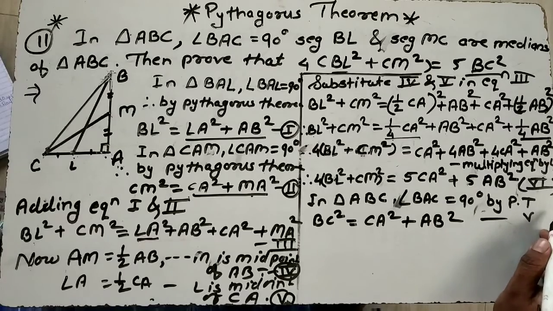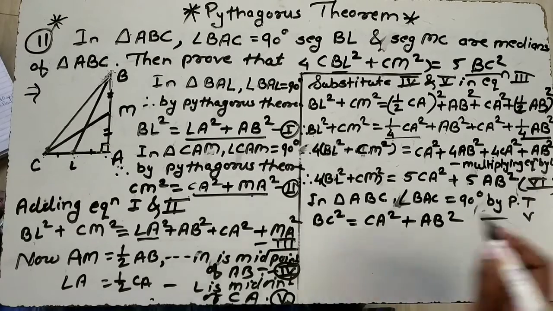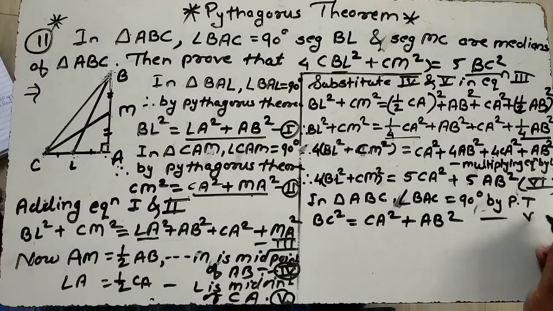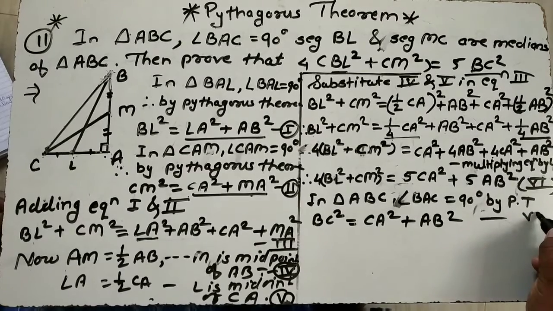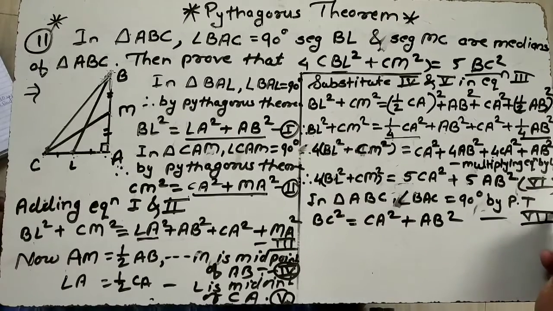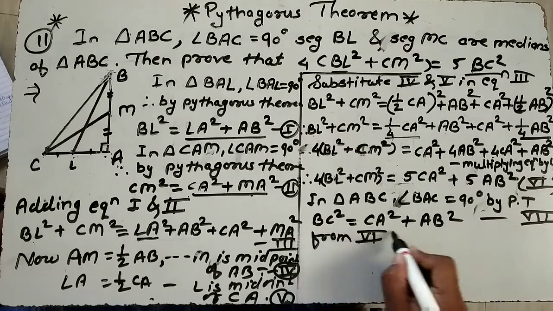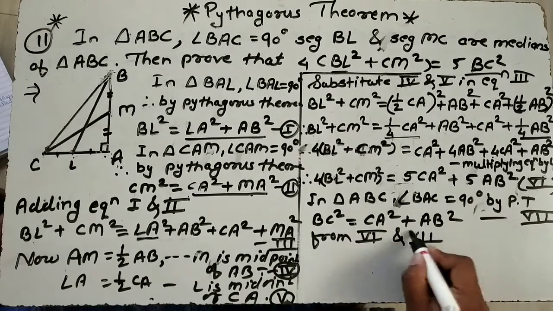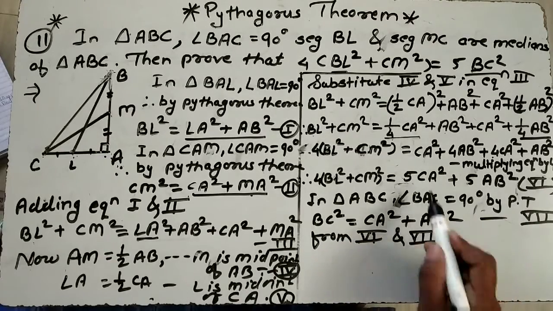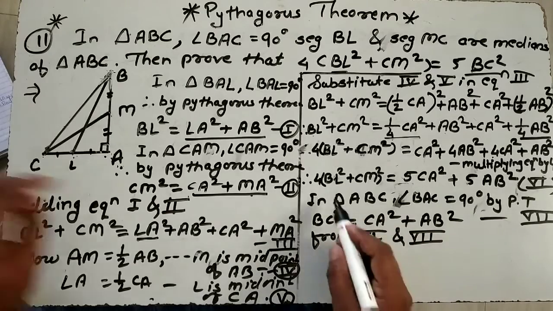Now here we have to add one step. This is equation number 7. Now from 6 and 7, first of all we write the sixth statement.